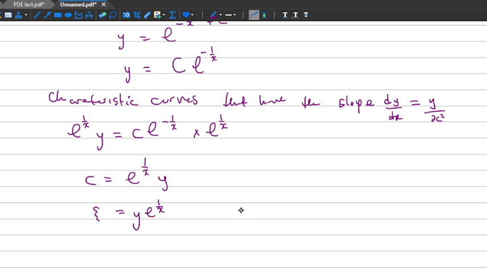Then you write another function: u of x comma y will be equal to a function of this, which is simply a function of y e to the 1 over x. So this would be the characteristic curves.